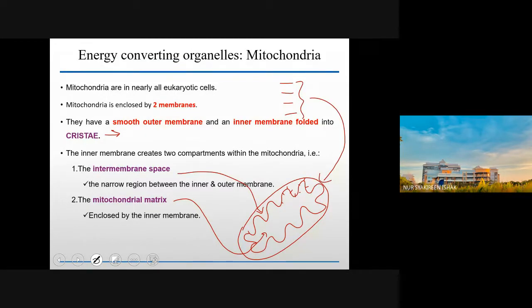Glycolysis actually occurs in the cytoplasm. The last part, the electron transport chain, involves the proteins that are embedded in the inner membrane of the mitochondria. Those are the facts that we are going to look at in detail during chapter 5.